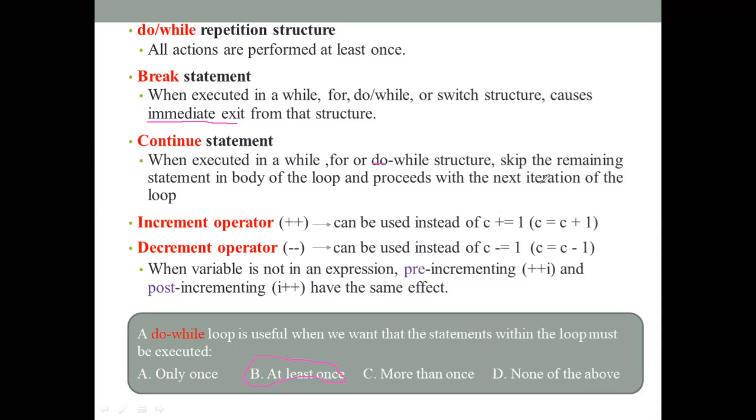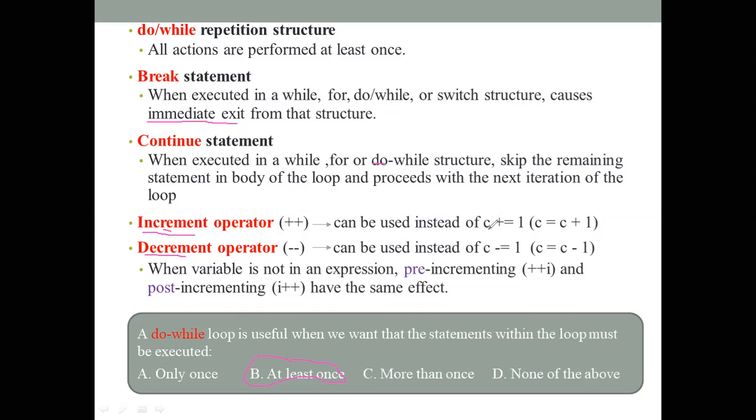Another one you have to know is the increment and decrement operator. What is increment and decrement? The plus plus, you know we have run before, i++, or i--. Minus minus is minus one, plus plus is plus one.